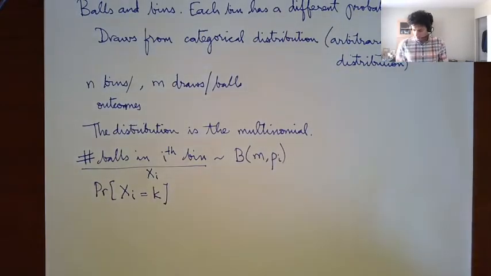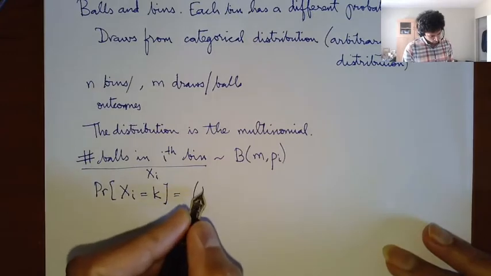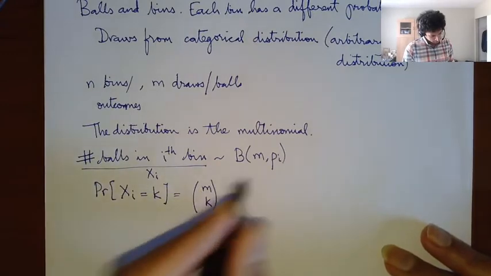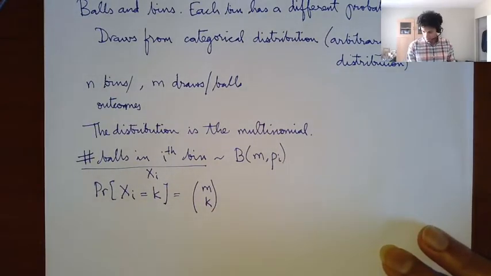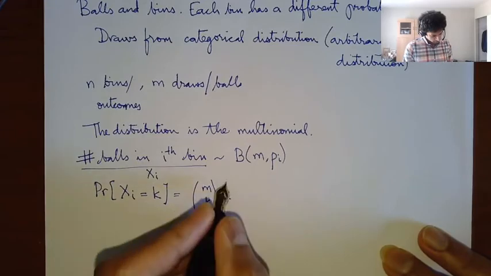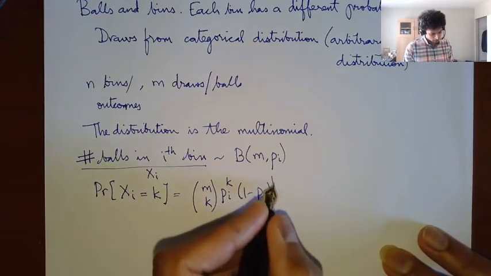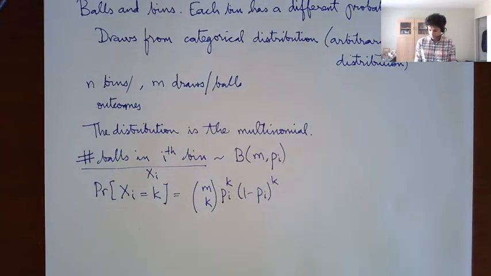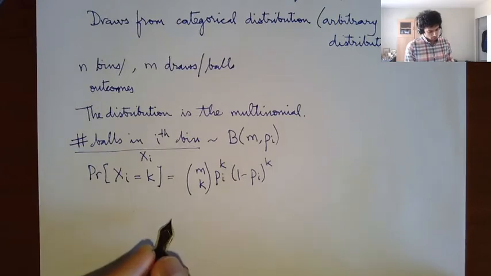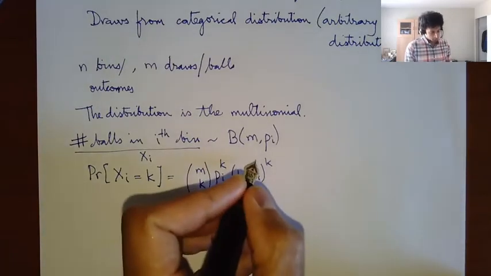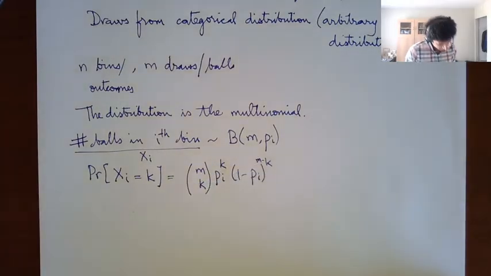And what we have is, it's m choose k because there were m draws, pi to the power k, and 1 minus pi to the power m minus k.